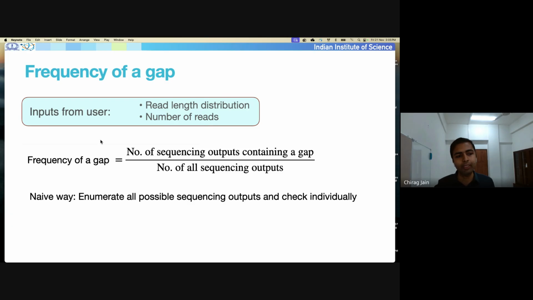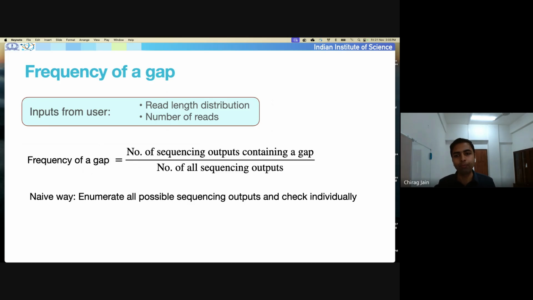And then to understand what is the frequency of a gap, I can consider all possible sequencing outputs that satisfy this constraint. That is, the number of reads should be fixed, and you are given a certain read length distribution. So you can consider all possible sequencing outputs, and then among them you can check which of them lead to a gap.